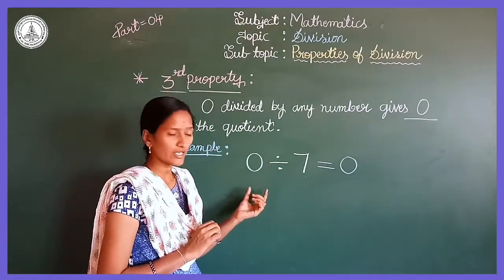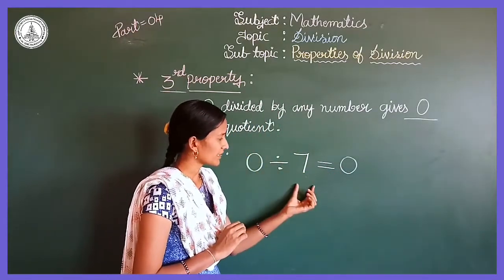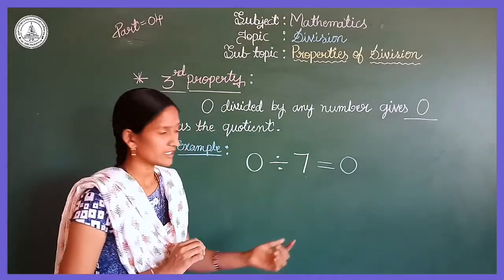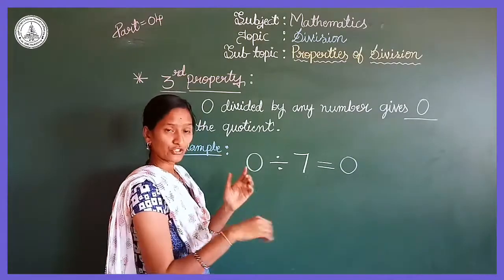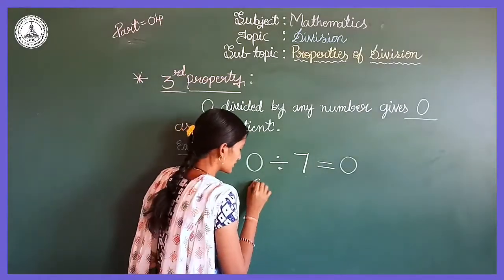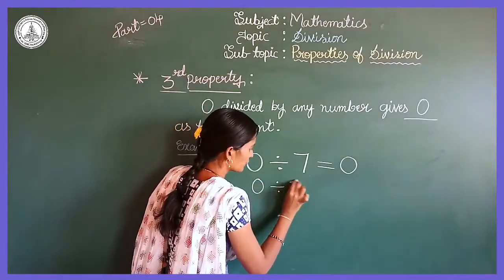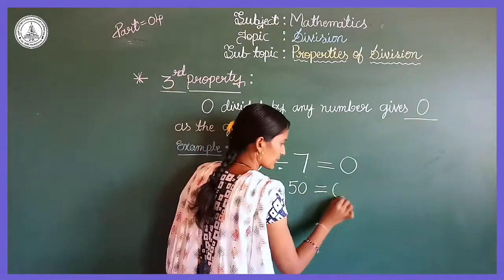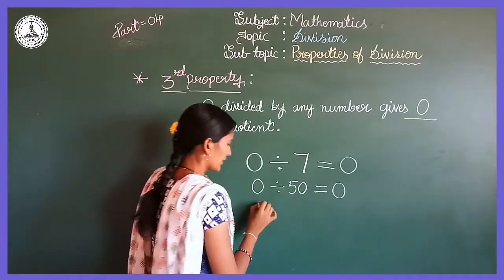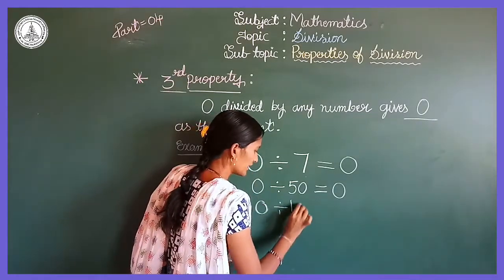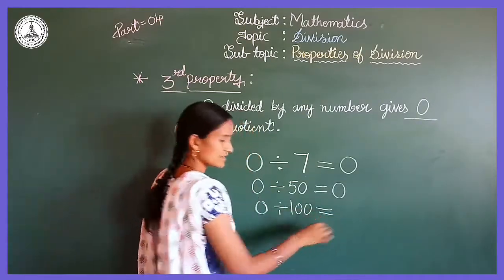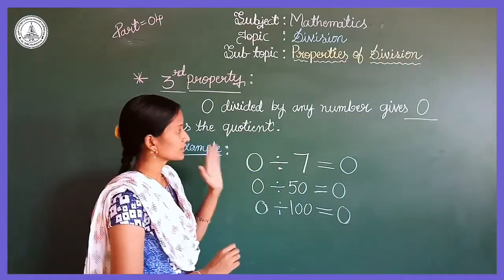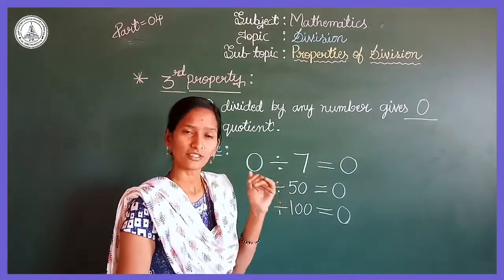So students, 0 divided by any number, the quotient is 0 itself. See here, not only 7, you can take any number. 0 divided by 50, what is our answer? 0, right? 0 divided by 100, what is our answer? 0, right? So this is the third property of division.